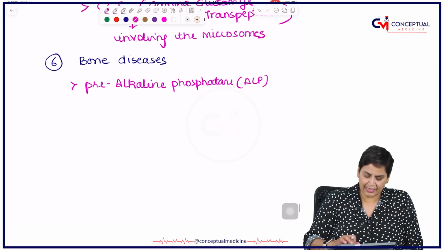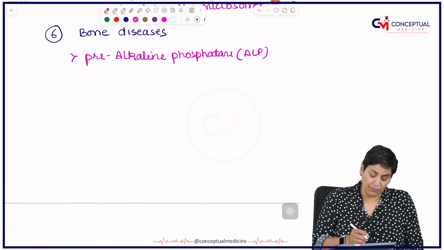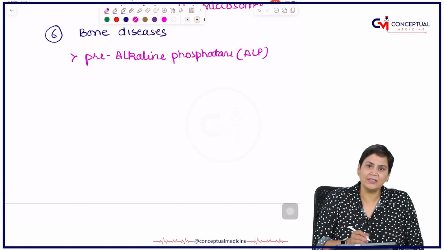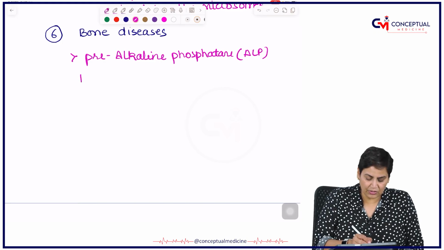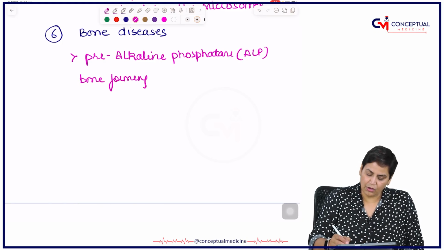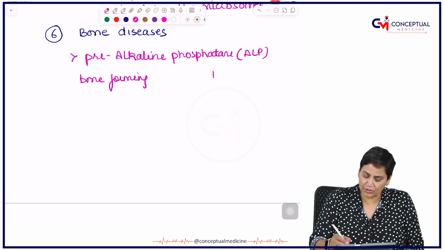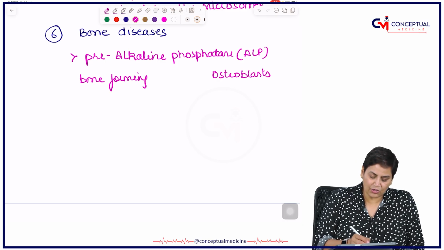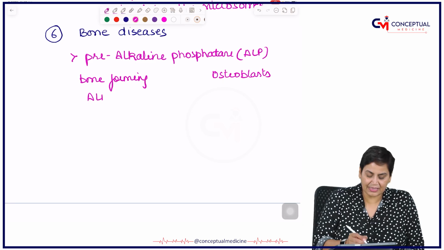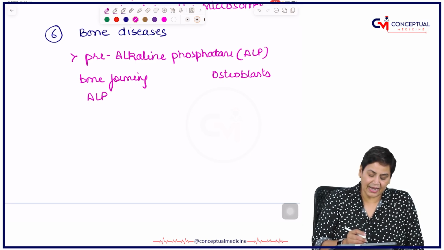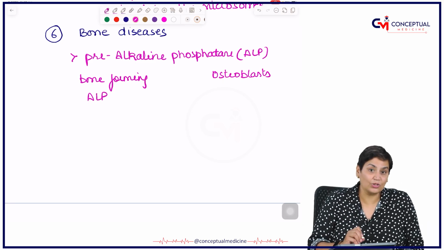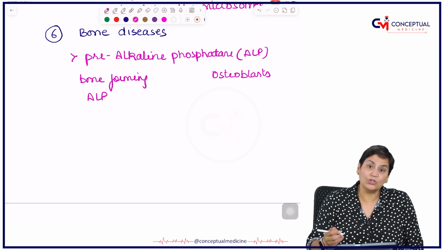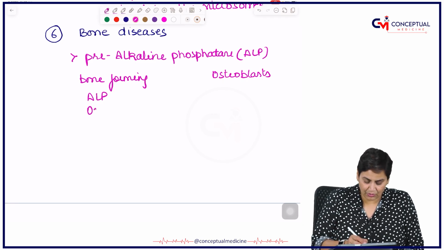So this is alkaline phosphatase, and we know that in bone diseases there are osteoblasts, there are osteoclasts. So if we talk about bone forming, or we are talking about osteoclasts or osteoblasts, or bone resorption is there. If we talk about this, ALP will increase, and here we can say that collagen will also increase, whereas in osteoblasts osteocalcin will also be there.